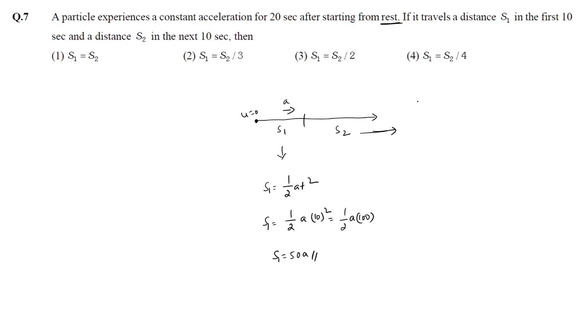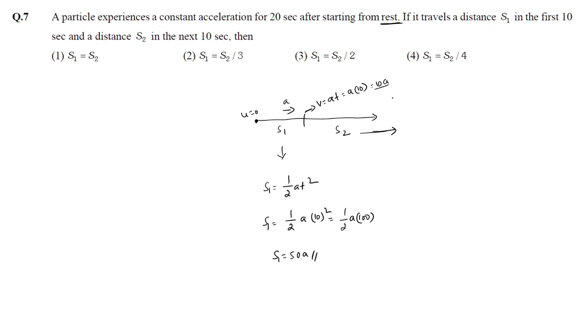Now let us talk about the second situation, s2. What is its velocity after 10 seconds at this particular point? v is equal to u plus at, that is a into 10, so 10a is the velocity at this point.